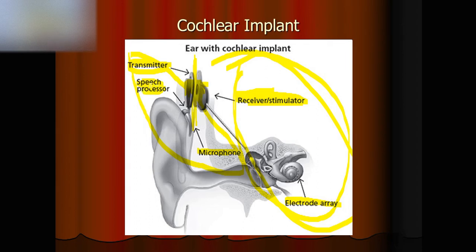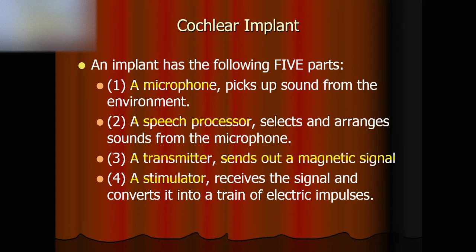The encoding is done by a predefined strategy inside the speech processor. The strategy will decide what's meaningful, what's not, for improving speech. Then the stimulator receives the magnetic signal and converts the signal into a train of electric impulses.